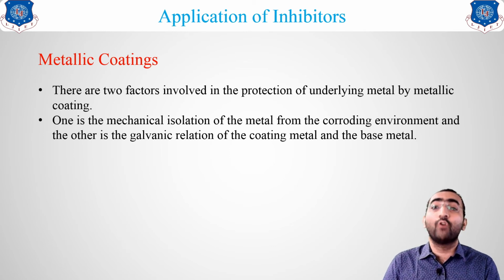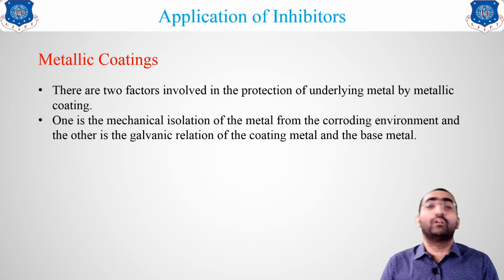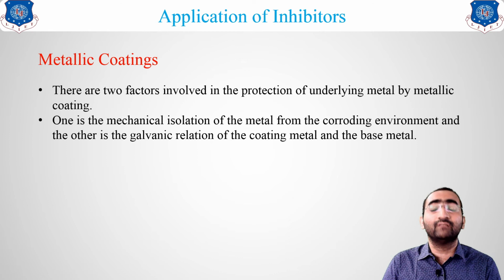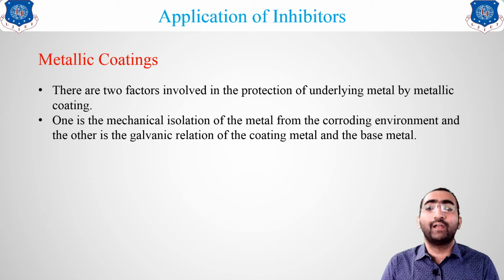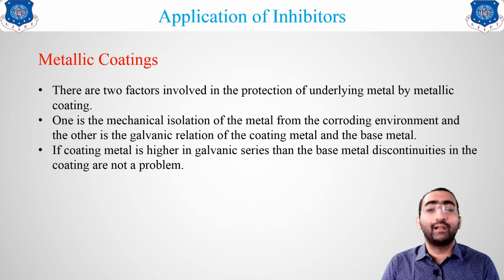That means we will not allow our metal to react with our environment. And the second, the galvanic relation of the coating, means whatever metal coating we use, we have to verify it on the EMF series and correlate it with our base metal, and then we can go for the metallic coating.